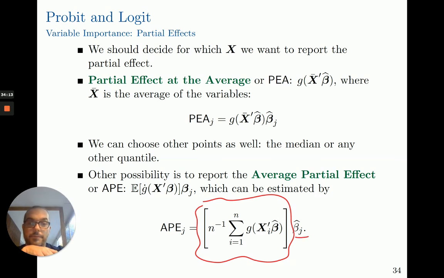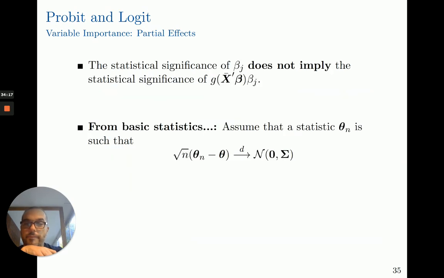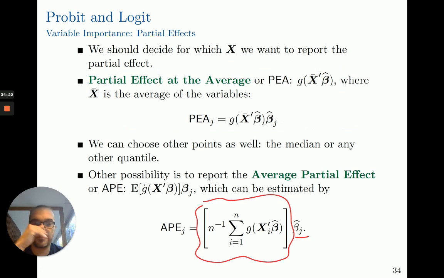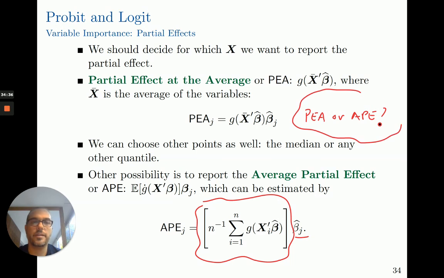These are two important options. Something for you to think and discuss: which is better? We can discuss more about that on Friday.